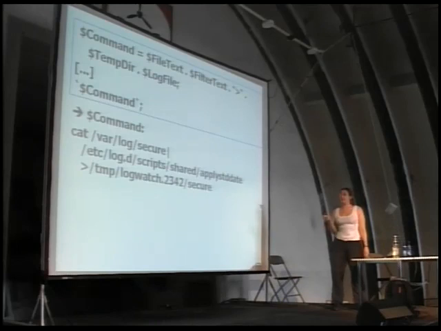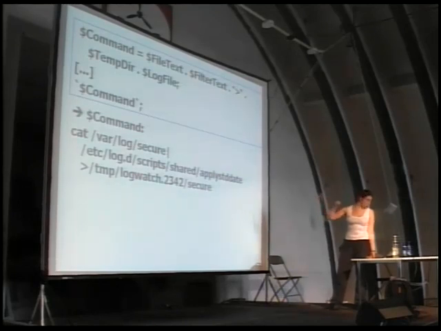On what people then actually did, another part in that logwatch tool, which is what we just saw the code of, is to make up a command line and then execute that command line. And you see that there's content piped into another file here. The command becomes something like: just get the contents of that log file, pipe it into a script from logwatch.